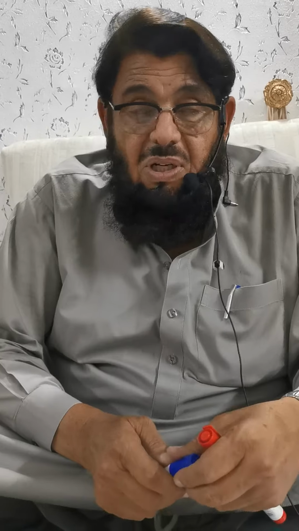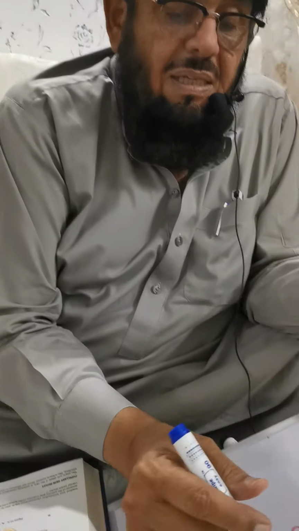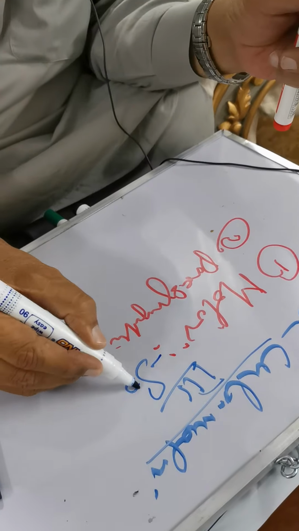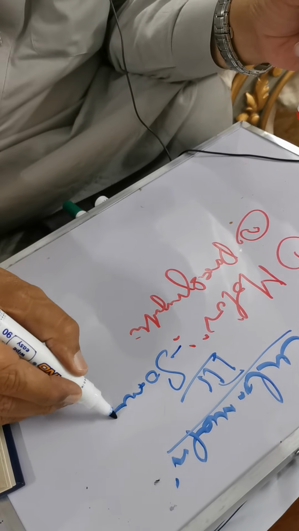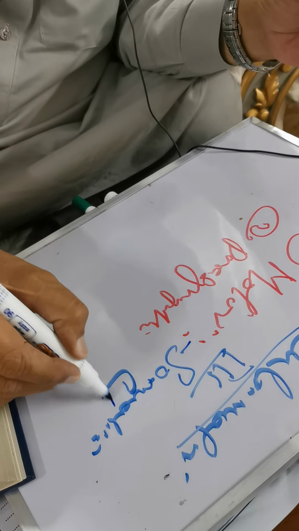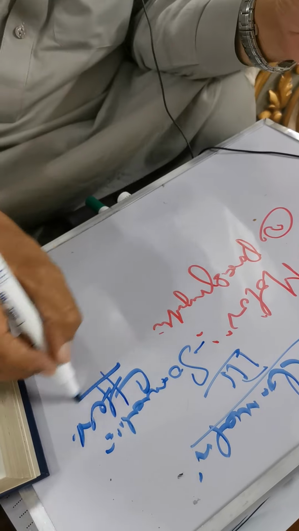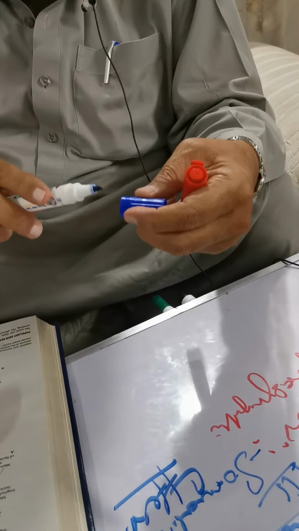Now, the motor nucleus of the third nerve is somatic efferent, or somatic motor. That is, it is motor for the skeletal muscles, the somatic muscles.